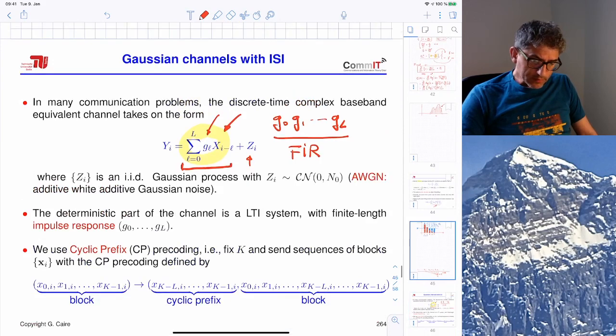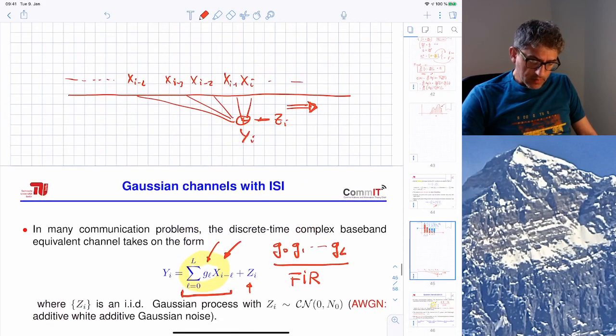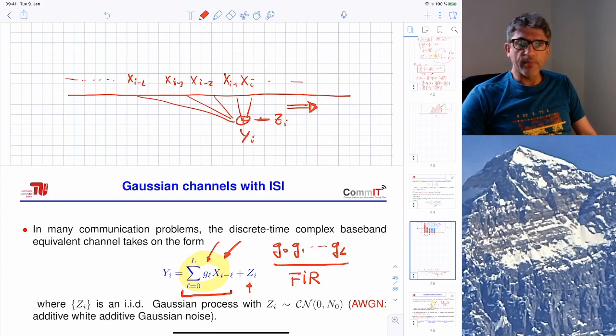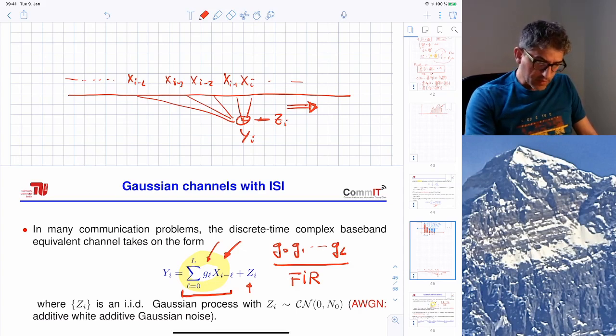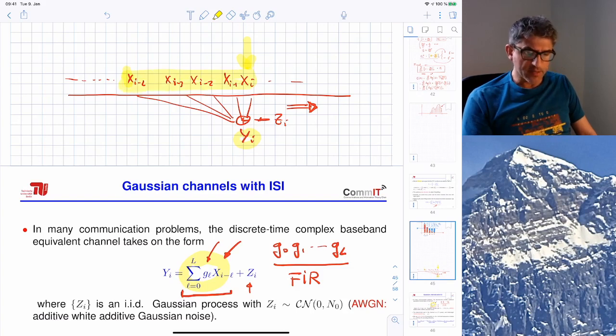So how do we tackle this problem? This channel does not belong to the class of memoryless channels because, you can see it from here, the output symbol at time i does not depend only on the input symbol at time i, but on a whole window of present and past symbols.